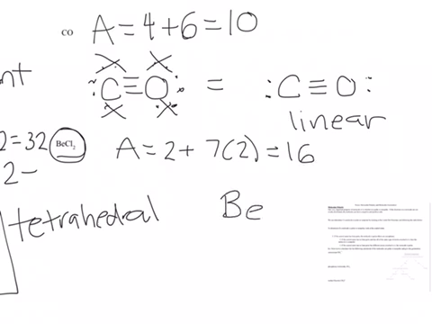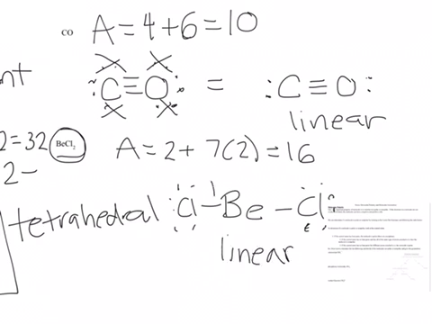So we put beryllium in the middle, chlorine on each side, fill up those electrons, and then you should have 1, 2, 3, 4, 5, 6, 7, 8, 9, 10, 11, 12, 13, 14, 15, 16. So that is the correct structure. So remember, this one is linear. 1, 2 areas of electron density. Beryllium is an exception to the octet rule.